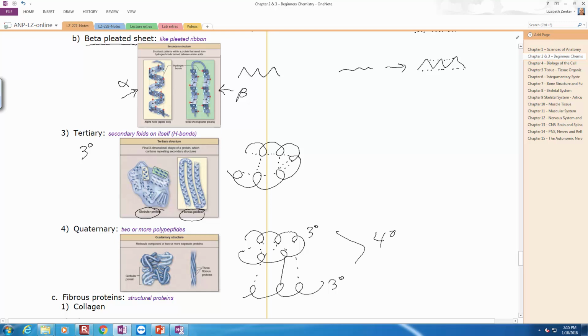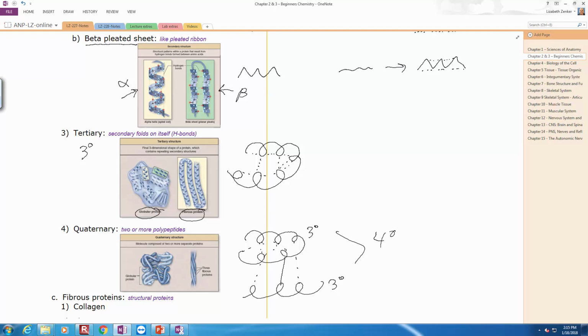And an example of a protein in our bodies that has quaternary structure is hemoglobin. So it's actually four polypeptide chains, because I said it's two or more, and it's actually four different tertiary structures bound together that form a huge molecule, hemoglobin, that holds on to the heme group, which is an iron component, and oxygen, and this is what transports your oxygen around in your body.